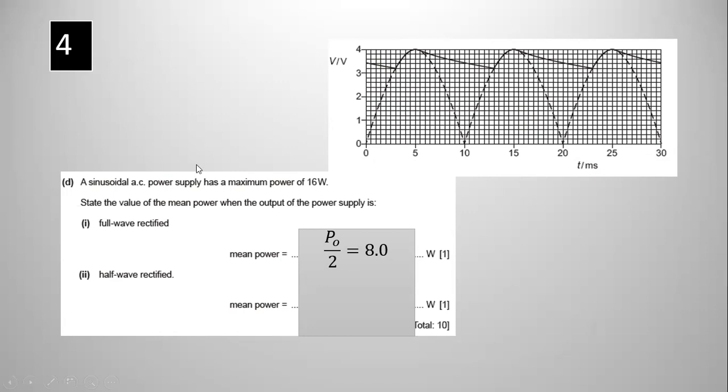So it's 16 divided by 2 is 8. Mean power for half wave rectified is half of this again, because only half the cycle is used, so P naught divided by 4. So it's 4.0.